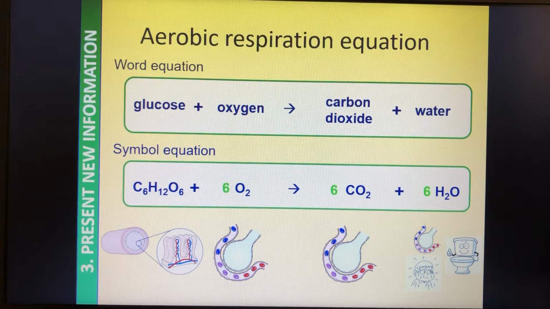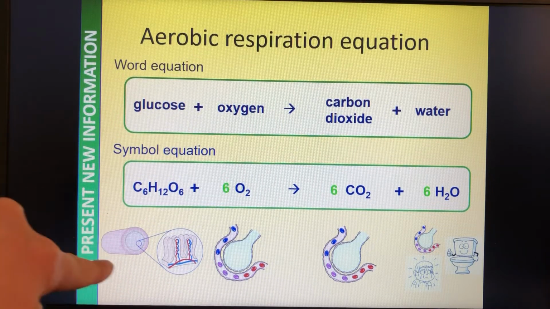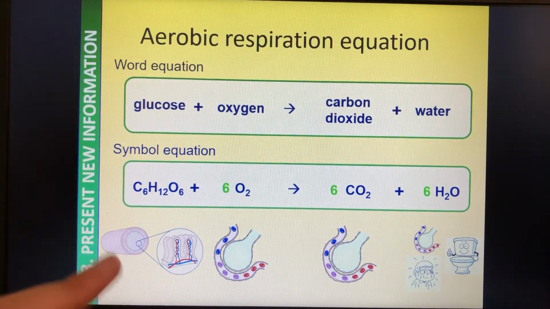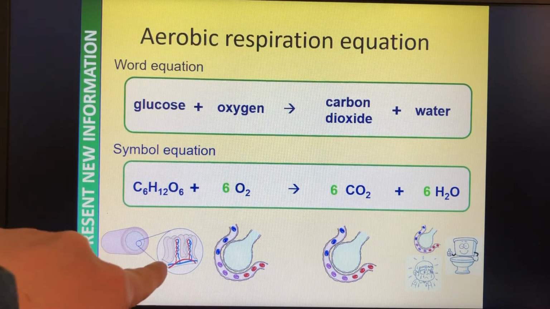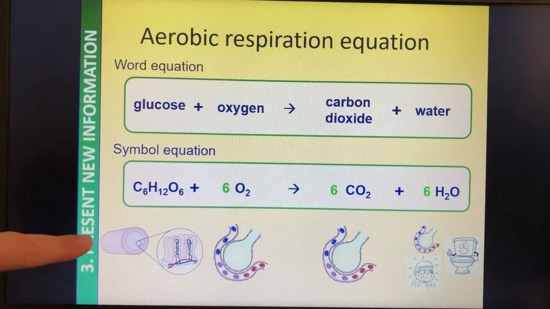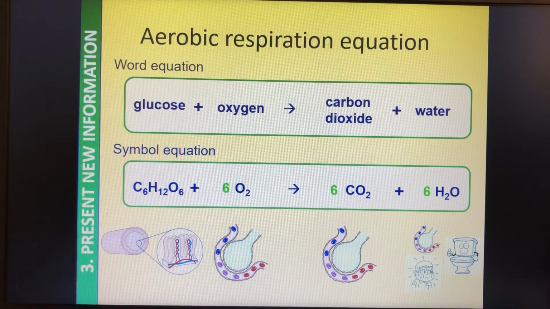At the bottom here, we're showing where we get and where we release some of these reactants and products. So the reactant here, the glucose, comes through. This is the small intestine, the villi of the small intestine. We learnt about those in B1, and we can see that large surface area, and by the process of diffusion and then active transport, that glucose gets into the blood in those capillaries there.